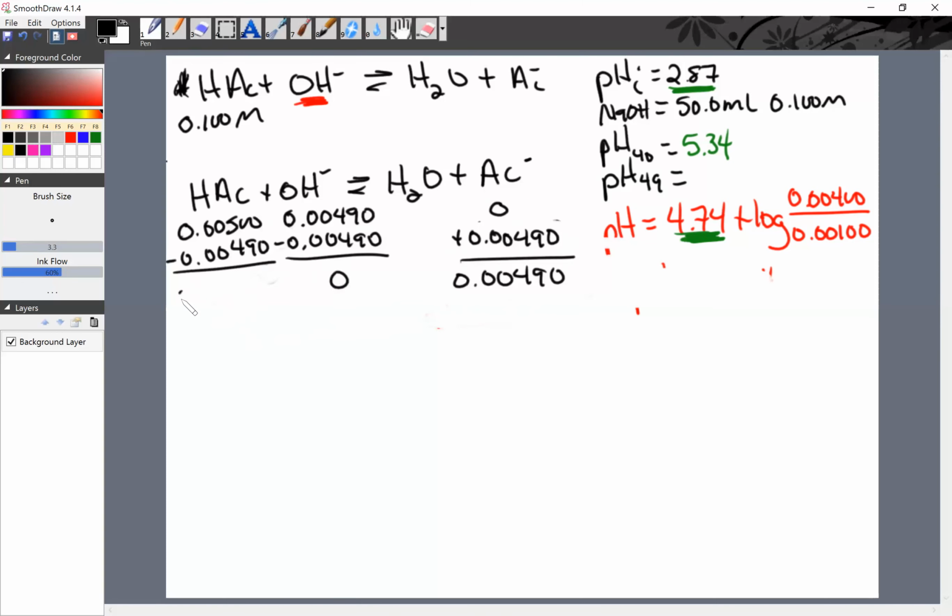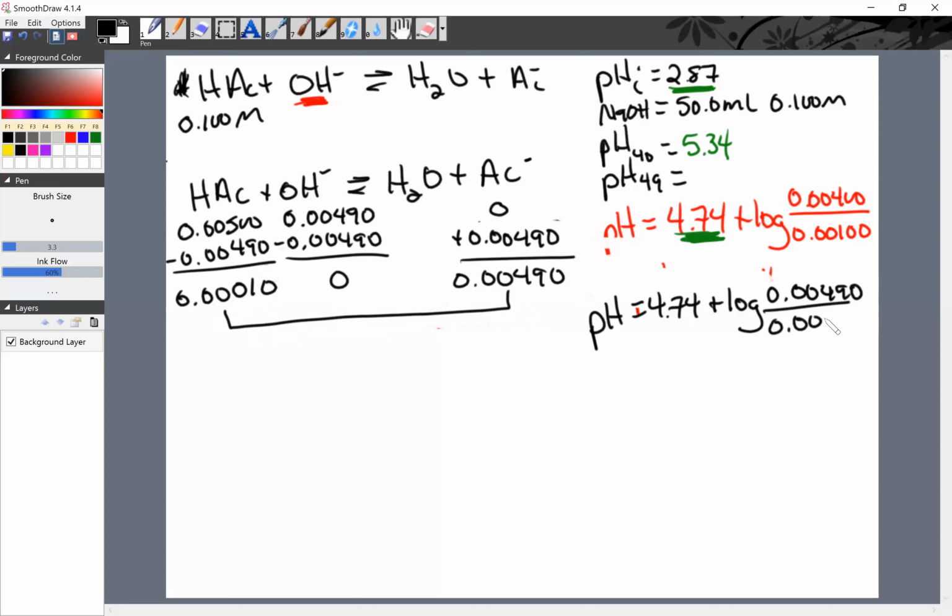Is that three zeros? Okay. Am I still buffered? Yes, I am. So I can use the Henderson-Hasselbalch. So the pH is 4.74 plus the log of 0.00490 divided by 0.00010.